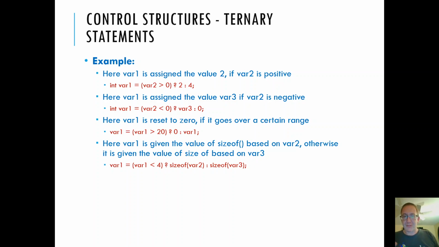Bad policy, and I wouldn't do that, but still. Or I can ask, what is the size of var2? What's the size of var3? And depending, I can get the size of var2 or the size of var3. So if var1 is less than 4, I can get the size of var2 and put that in var1. Otherwise, I get the size of var3 and put it into var1. Whatever the case is.